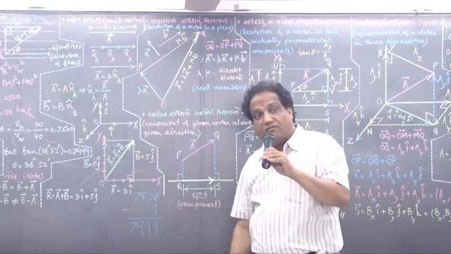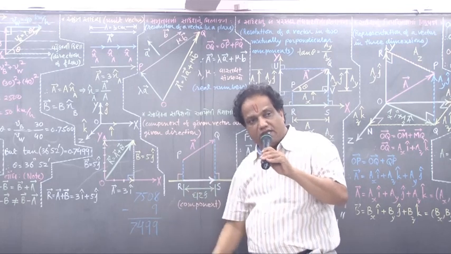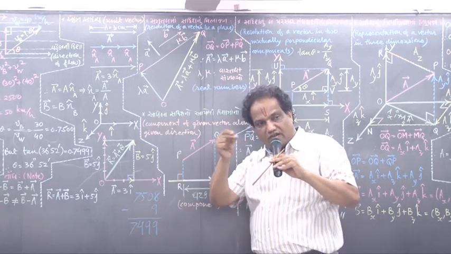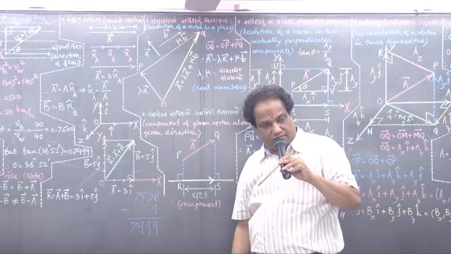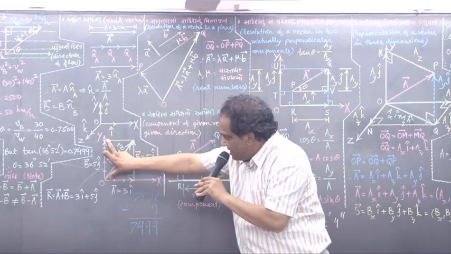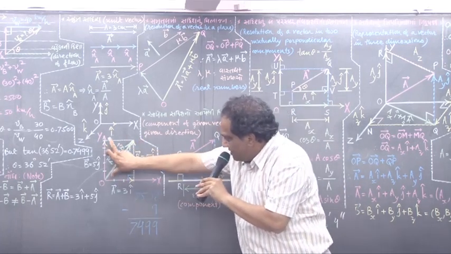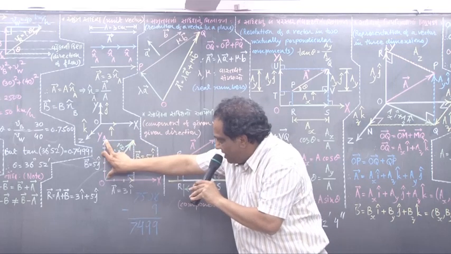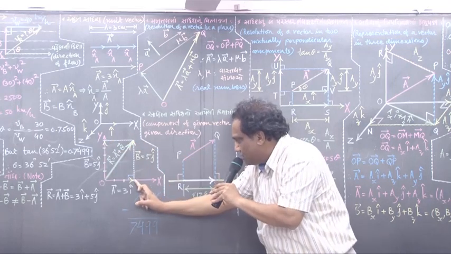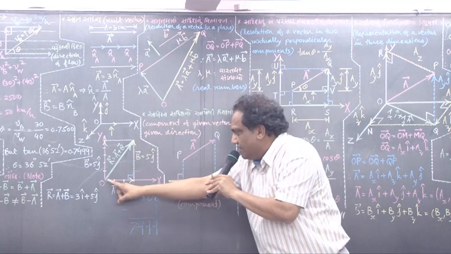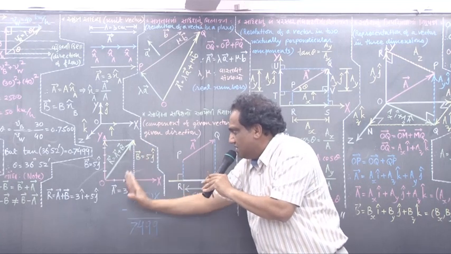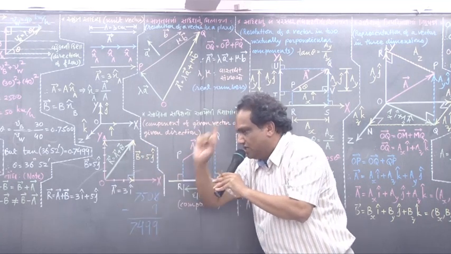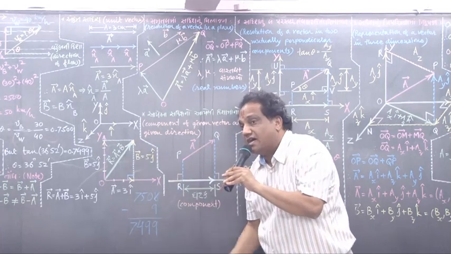Now if somebody asks what their resultant is, then you should find the addition, vector A plus vector B. Shift this vector, bring it here, without changing magnitude and direction. Look, this also has the same magnitude and same direction. They are equal vectors.